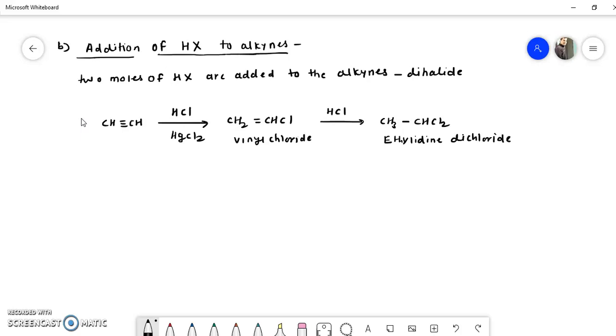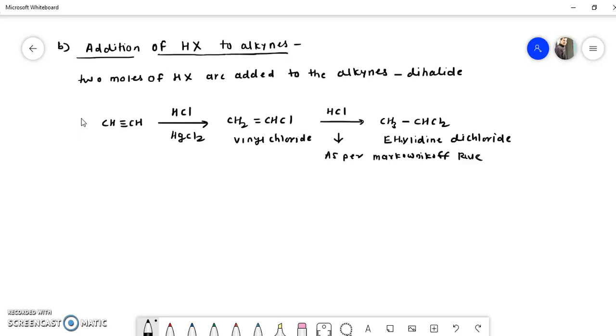So in this way there is a reaction of HX to the alkyne. The second mole adds according to Markovnikov rule. Remember, this takes place as per Markovnikov addition. Now you see here the negative part of this adding reagent goes to that carbon which is having less number of hydrogen.